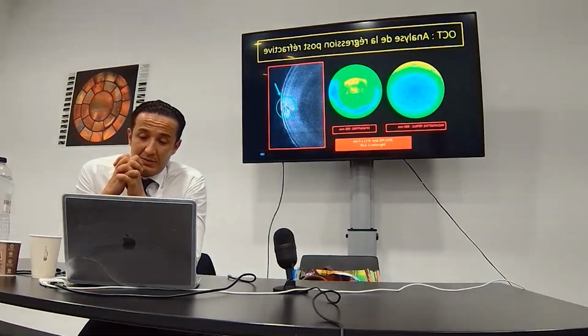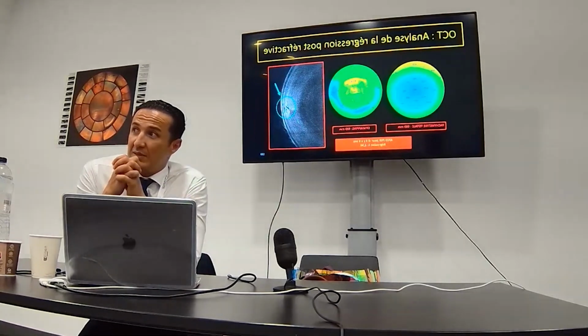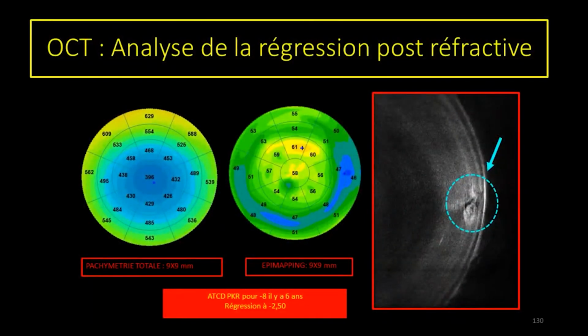Look, in this case, the patient was treated for -8 diopters. You observe a very slight epithelium hyperplasia, but it's pretty normal. But we observe a small opacity inducing this myopia.